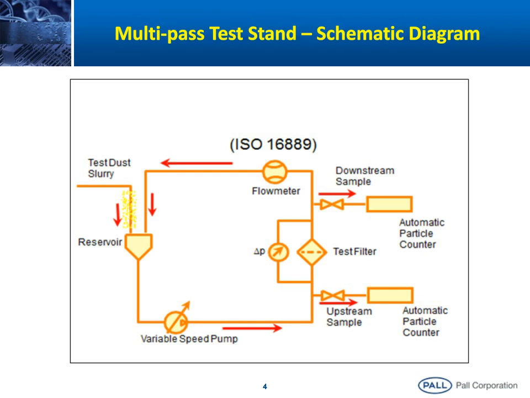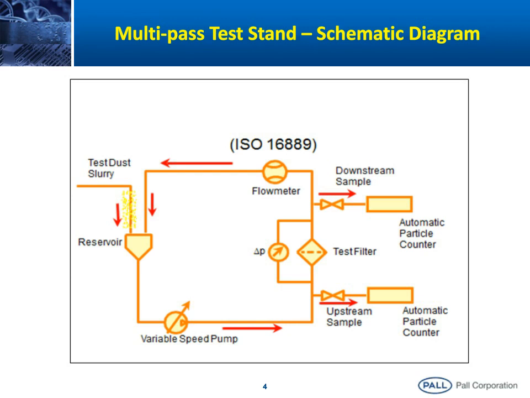That is, it gets plugged in about an hour or so. Oil samples are taken up and downstream of the test filter for the counting of the particles to measure the filter's removal efficiency. The particles that are not captured by the filter go back into the reservoir and come back for another pass through the filter, hence the term multi-pass, since the uncaptured dirt makes multiple passes through the filter.